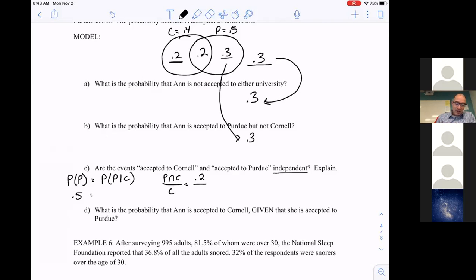Cornell is going to give me a 0.4. And we get a 0.5. So since 0.5 equals 0.5, we're going to say yes, they are independent.